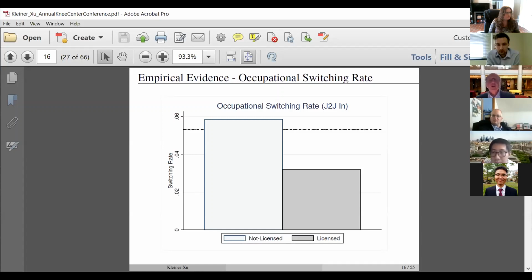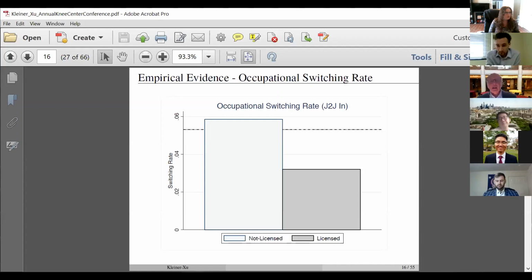People switching job to job into non-licensed occupations are about twice as high as individuals switching into licensed occupations. Looking at individuals job to job who are leaving occupations, those who are not licensed tend to leave to a much higher degree than individuals who are licensed. So just the basic data suggests there's much greater movement into and out of non-licensed occupations.